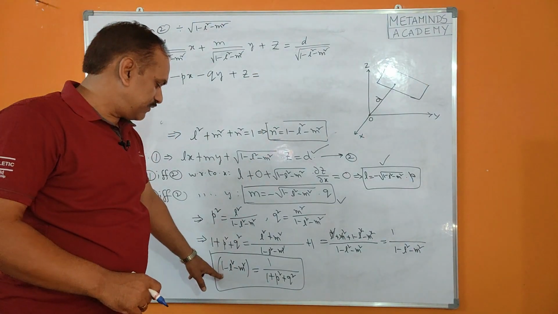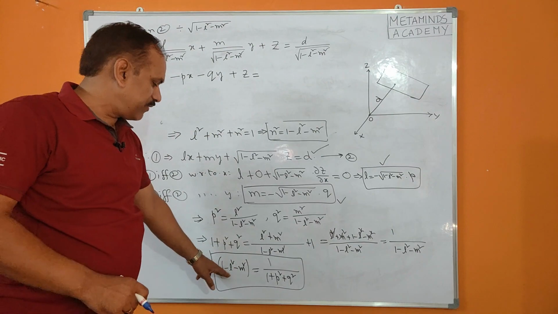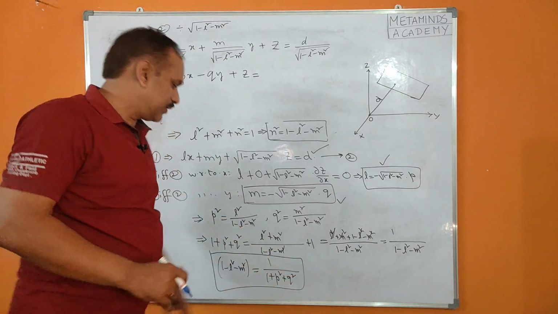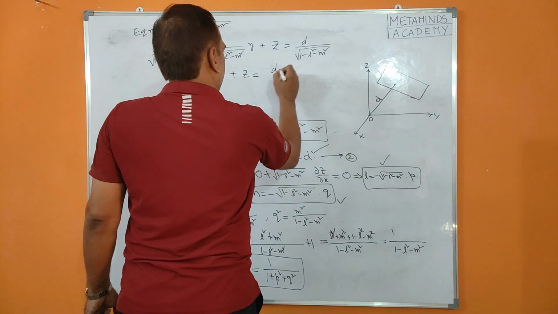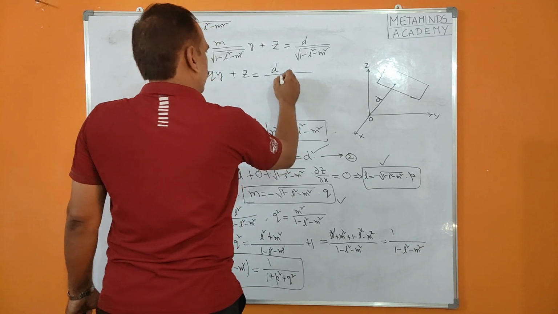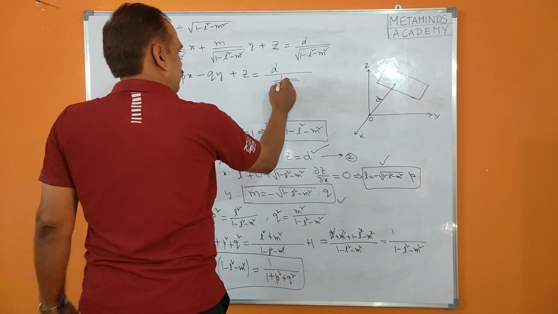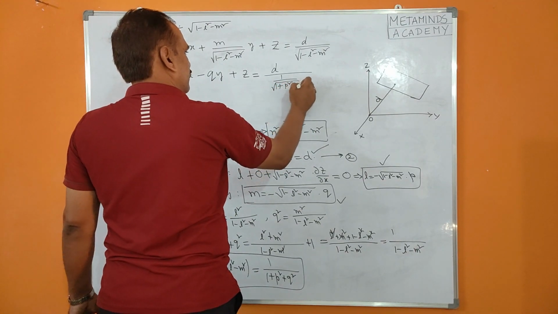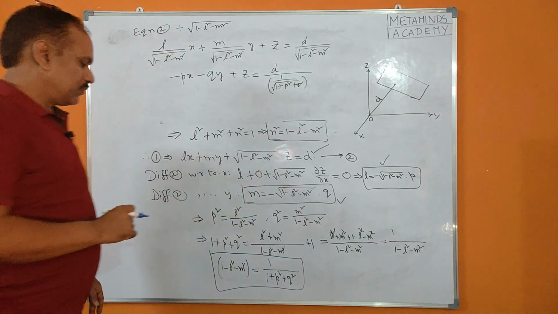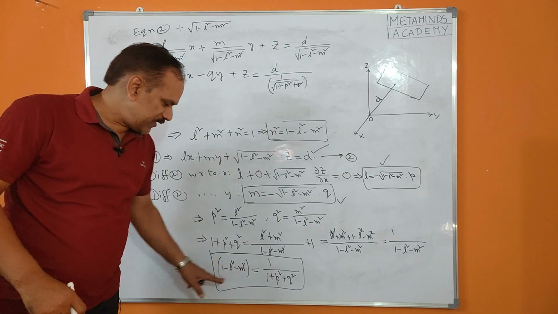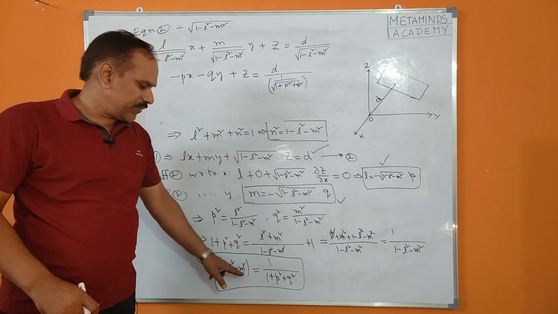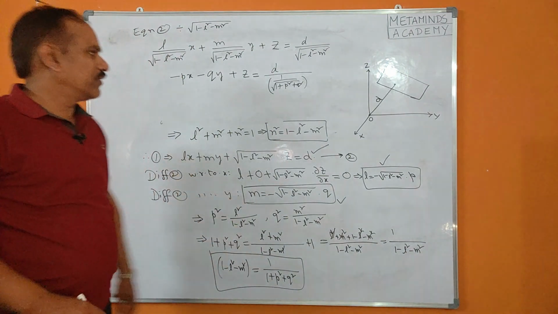So how do you write this? Root over 1 minus L square minus M square is 1 by root 1 plus p square plus q square, right? You take square root on both sides, it is root 1 minus L square minus M square is 1 by root 1 plus p square plus q square.